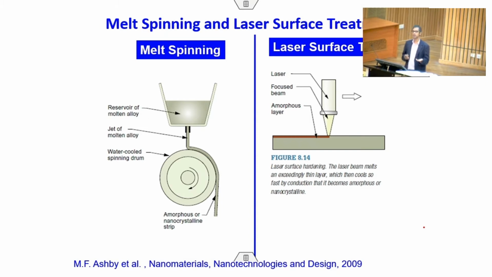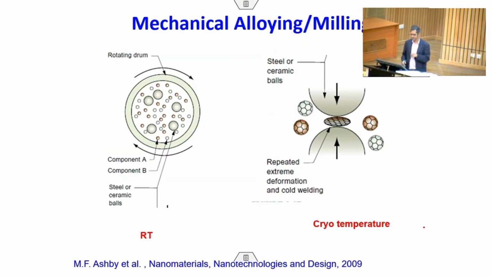Melt spinning is a widely used technique to prepare this kind of nanomaterials, and this is a rapid solidification route. In laser surface melting, you are melting a thin layer on the surface of the sample, and this thin layer solidifies rapidly, so you can prepare nanomaterials, correct.